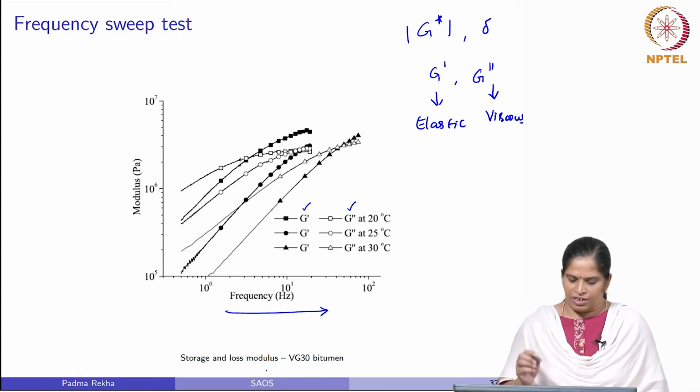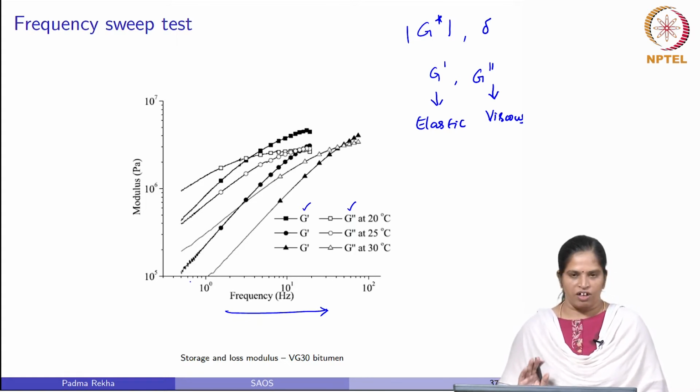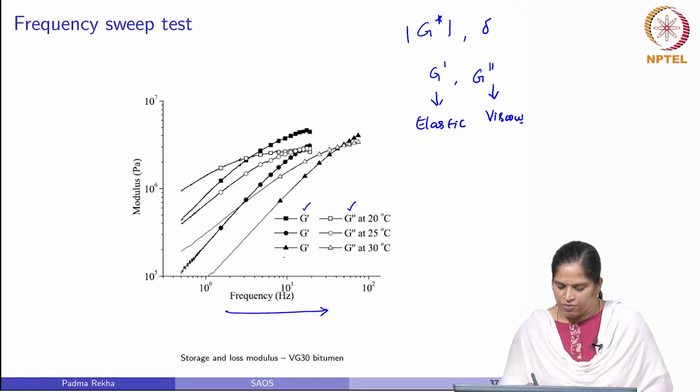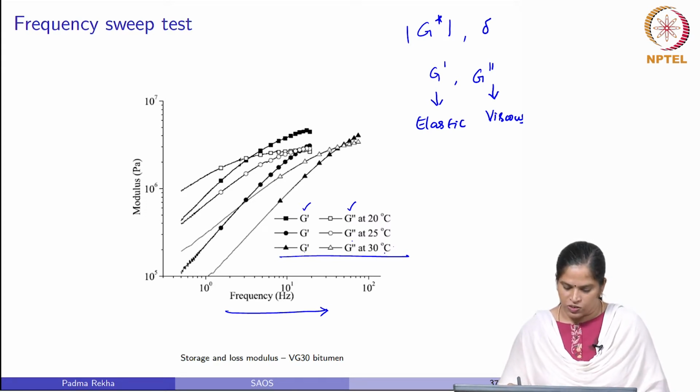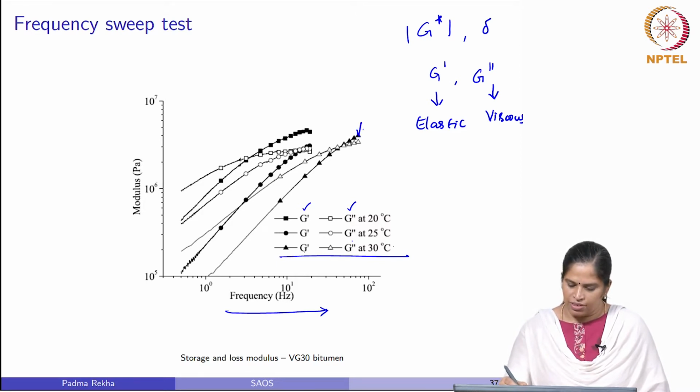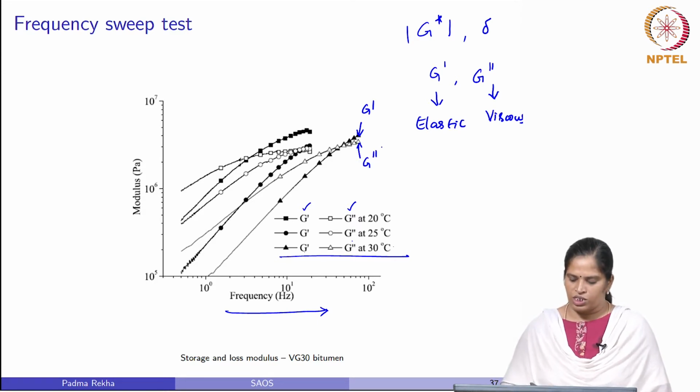Let us understand this graph very carefully. We will pick one temperature first, maybe 30 degrees Celsius. You have G prime and G double prime at 30 degrees Celsius. This value is G prime, the elastic modulus, and this is the viscous modulus, G double prime.